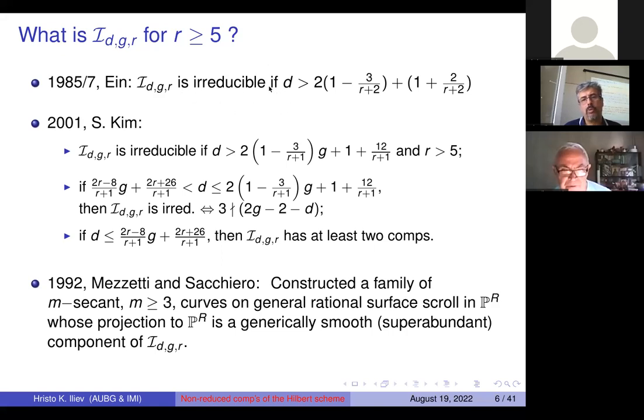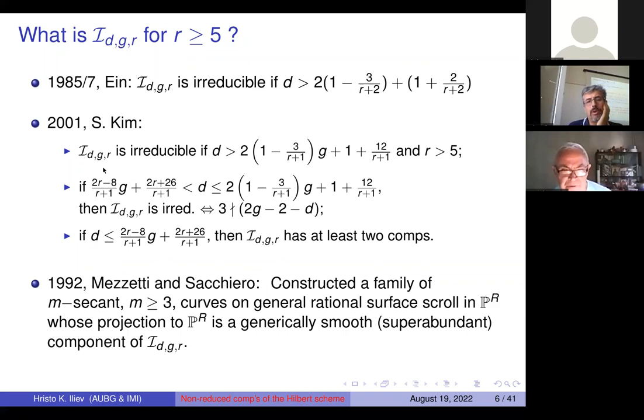To summarize what I found for the case r greater than or equal to 5: first of all, if d is greater than this number that you see here, 2 times (1 - 3/(r+2)) times g is missing, by the way, here, plus 1 + 2/(r+2), then I_{d,g,r} is irreducible.